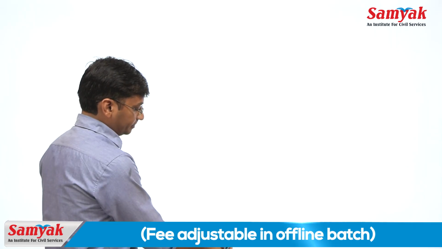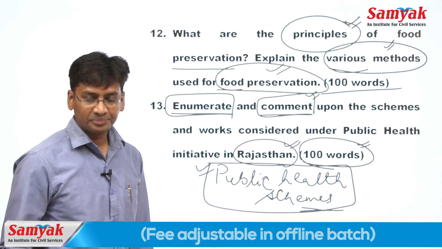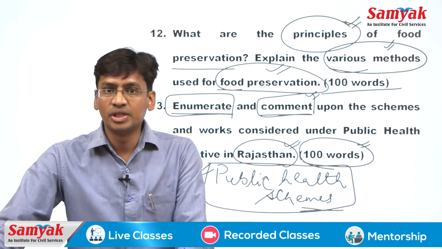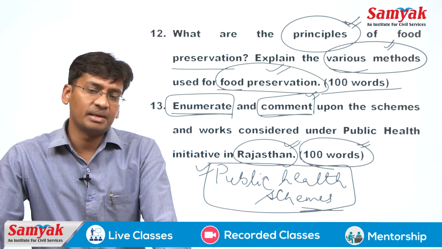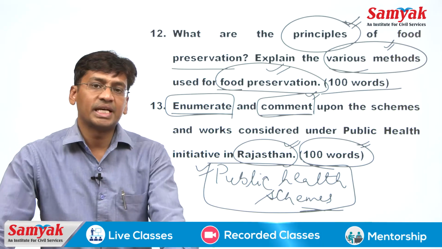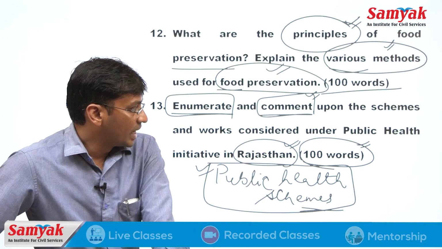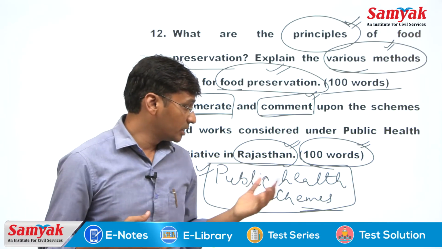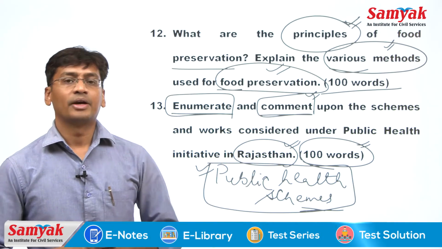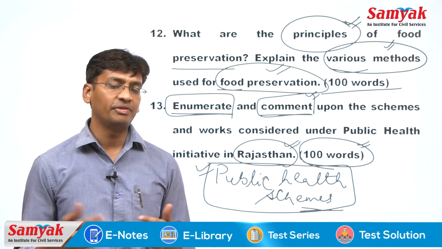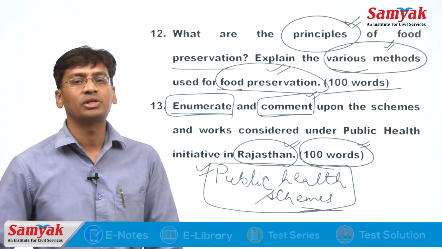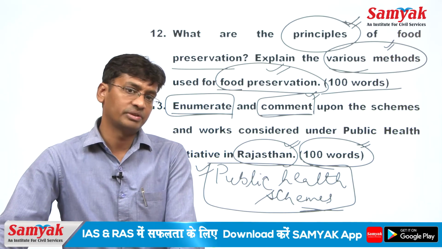So, dear friends, it was all about the discussion of the syllabus and the pattern of the pre-examination as well as the main examination related to the science and technology part, okay, as well as a small discussion over the previous questions, that is the questions which have been asked in the previous examinations, RS mains 2016 and RS mains 2018.